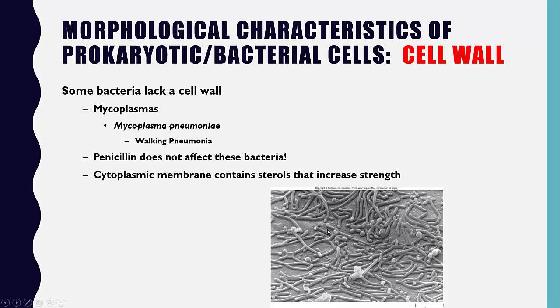Like I mentioned before, their one plasma membrane has sterols, and that gives them strength and keeps them from exploding. The reason we get sick with walking pneumonia is that they attach to our cells, and they're like energy vampires.